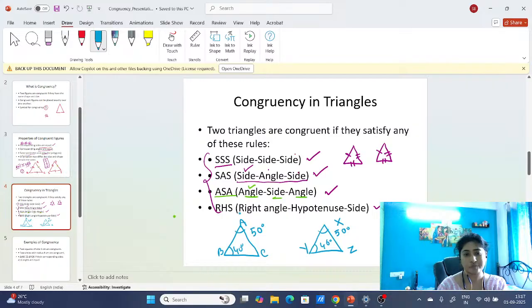But actually if I am drawing 50 and 40, that means I have to draw this one as right angle. Okay, let's change the value then.